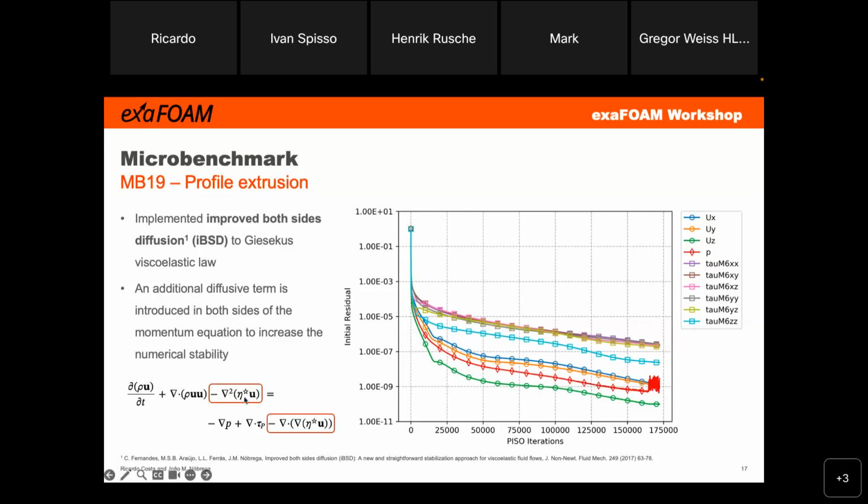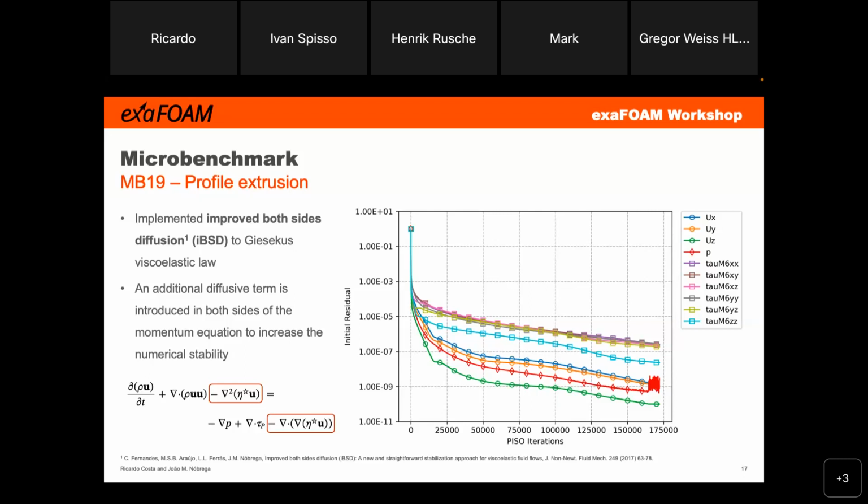On the right side it's treated explicitly, computed based on the previous approximation of velocity, and on the left side I compute it implicitly, and this helps us to stabilize the solution procedure.